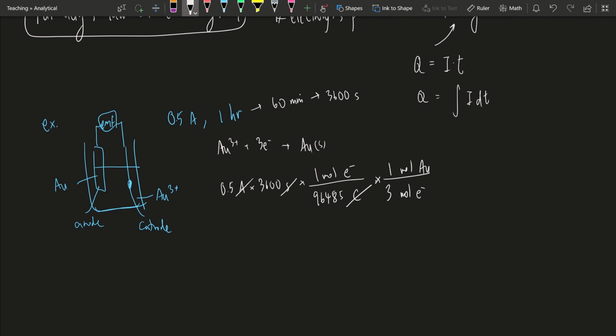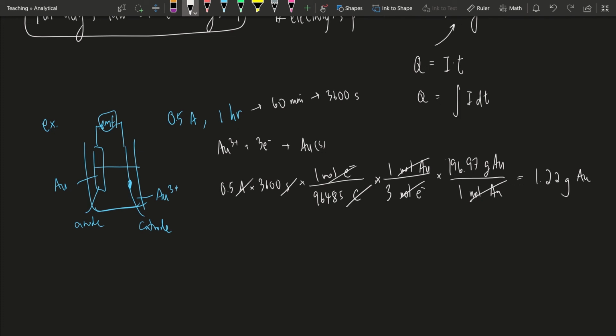And multiplied by the molar mass of the gold, which is from the periodic table, 196.7 gram gold per mole gold. And that's it. You will get the mass of the gold, which is about 1.22 gram of gold.